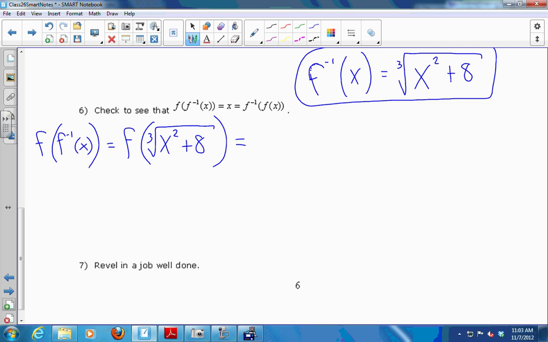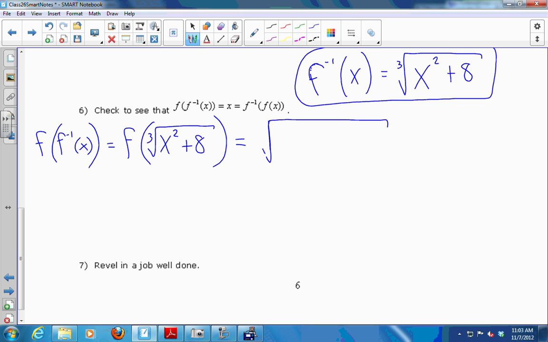So what I want to do now is apply rule F to this input. This cube root thing, I'm going to apply rule F to it. So F was the square root of x cubed minus 8, right? So this is going to be the square root.